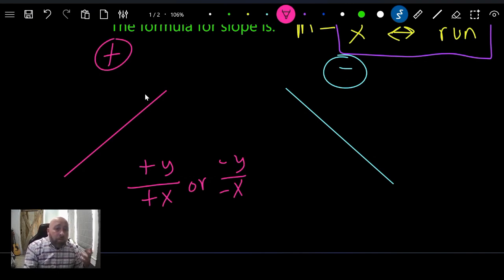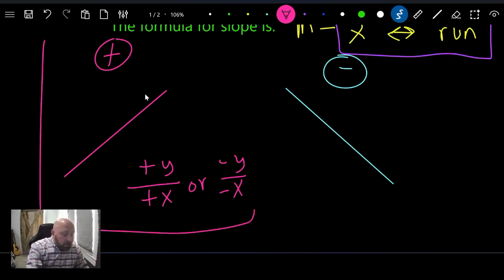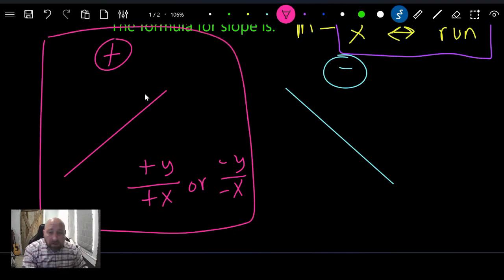So remember, in algebra, two negatives make a positive, right? So minus minus is going to be positive. So these are your positive slope over here. Now, on this side, we can have one is positive and one is negative.